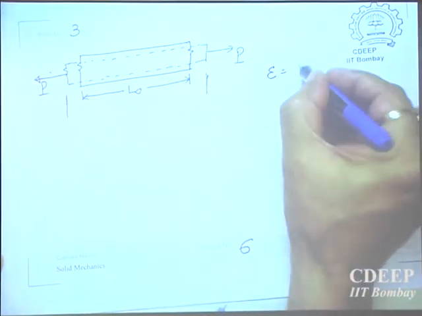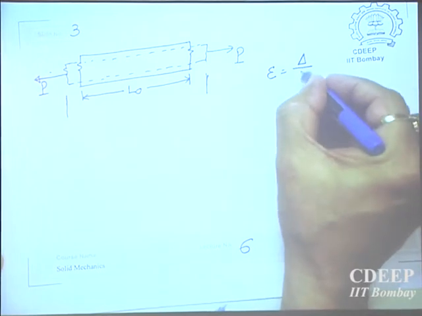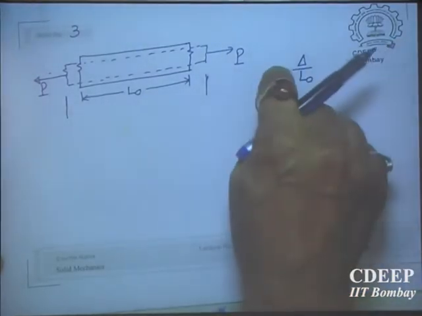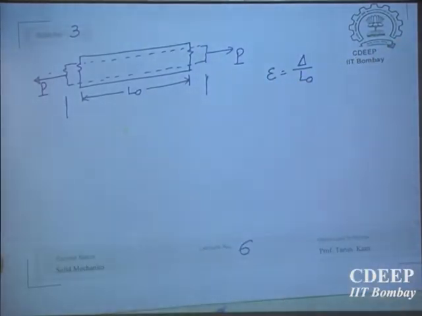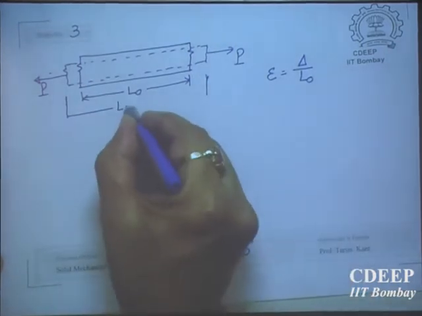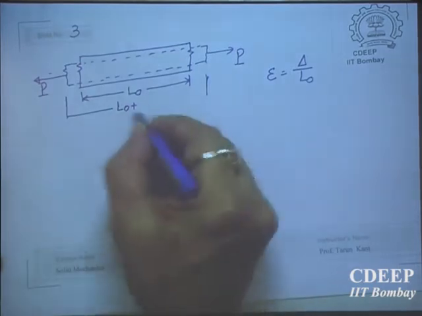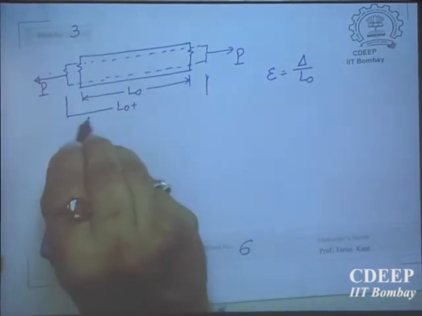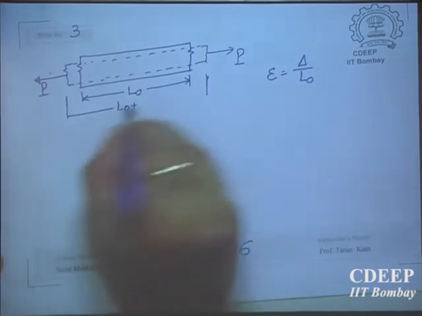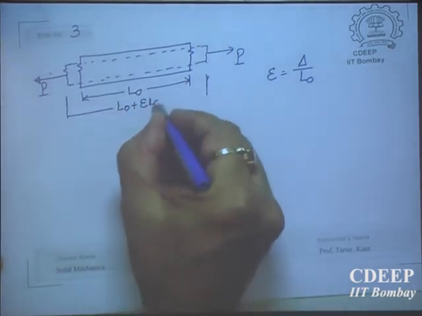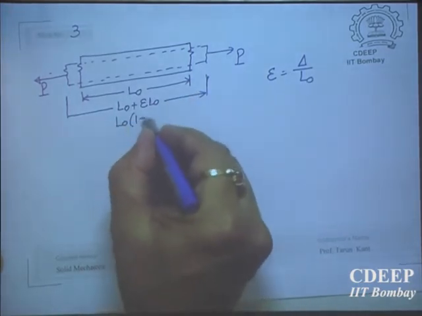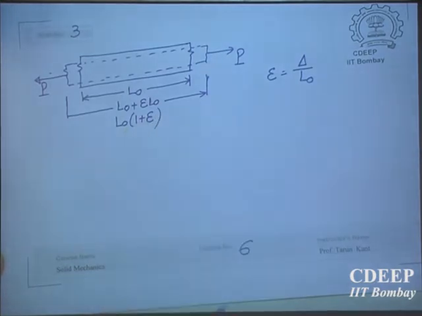Strain is change in length divided by L, longitudinal strain. So this will be strain multiplied by original length. So it will be L naught plus delta, and delta equals epsilon L naught, so it becomes L naught (1 plus epsilon).